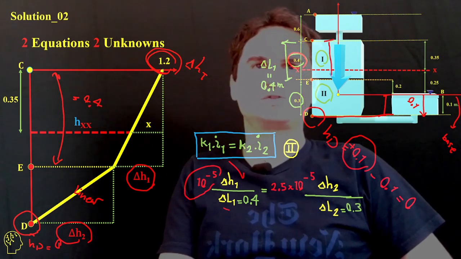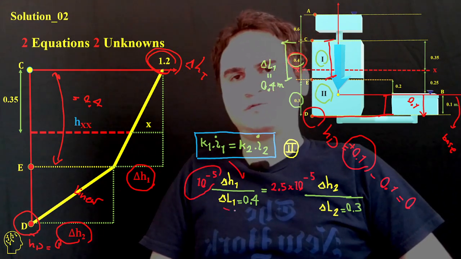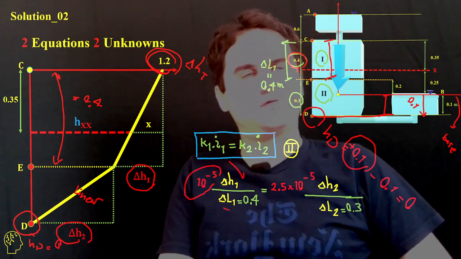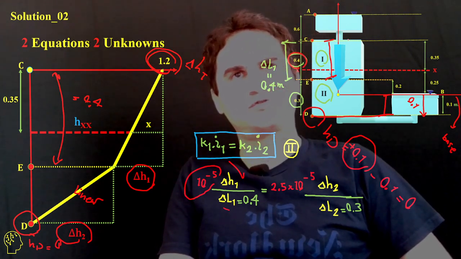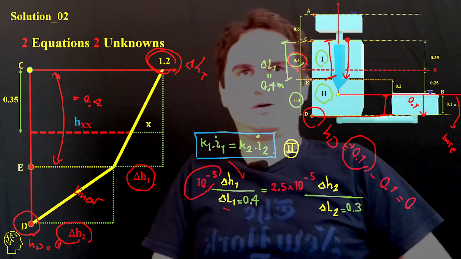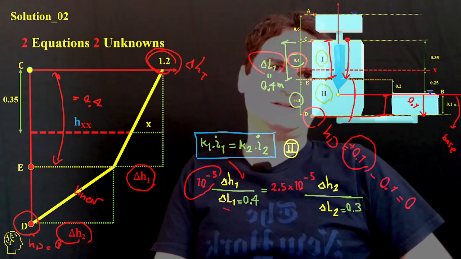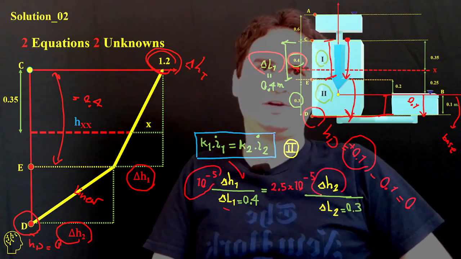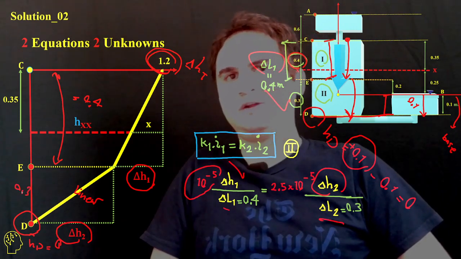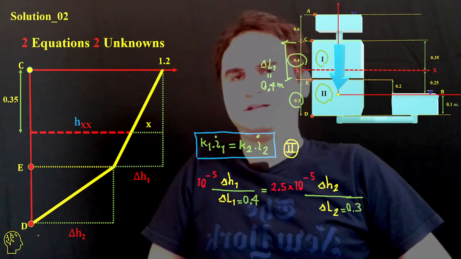Delta H1 over delta L1 means how much drop you find when you travel from the beginning of soil 1 to the interface of both soils, over the length of soil 1. Same story for the second layer: delta H2 over the length of the second soil, which is 0.3.